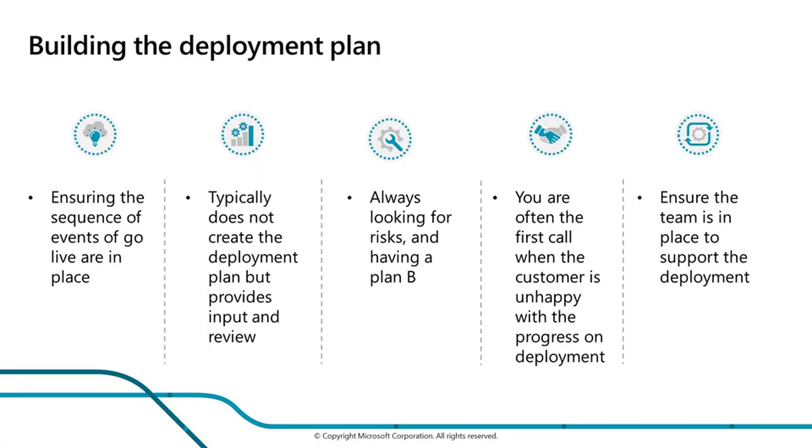So, building the deployment plan. Depending on the size of the project, you might either own it or, on larger projects, work with a dedicated planning team, and you are maybe an advisor. So depending on the size, you will need to ensure the sequence of events of go live is in place. Typically you do not create a deployment plan, but provide input and review to the team that is in charge of deploying.